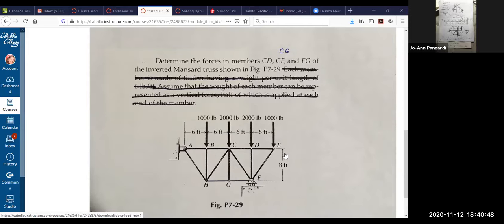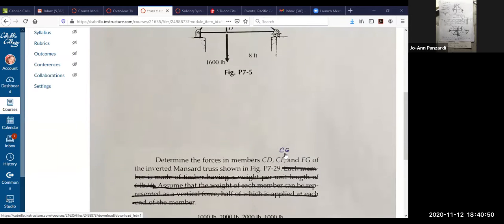So for both method of sections and method of joints, the first thing to do is to find the zero force members. Second, you take the whole structure away from its main supports and find the unknowns, the reactions at the supports.